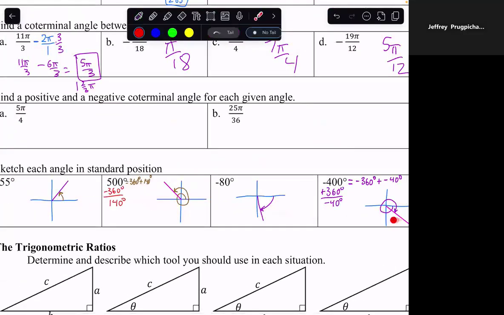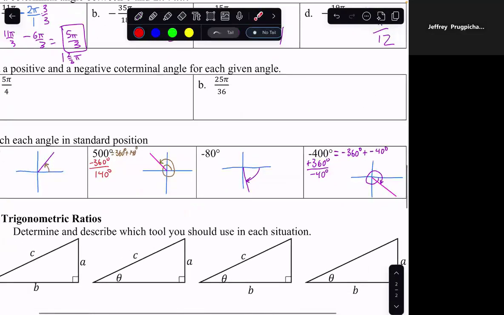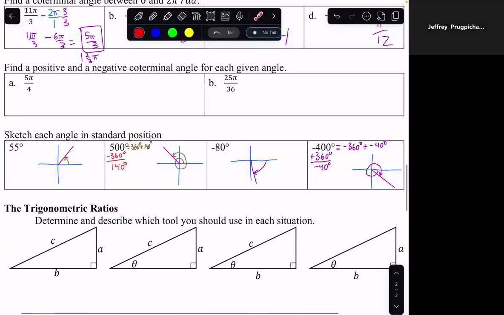Okay, so questions on the sketching aspect? Okay, and then this bottom section, you did cover this in your previous class, right? Yeah, so sine, cosine, tangent. We'll get more into those next time.